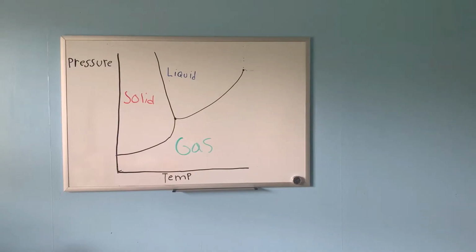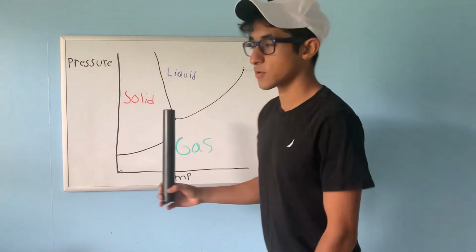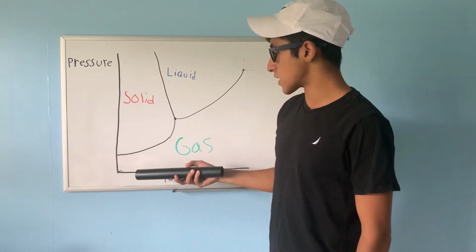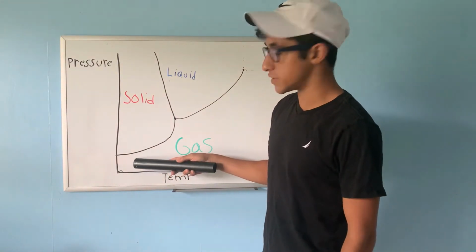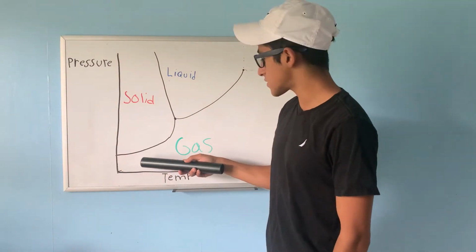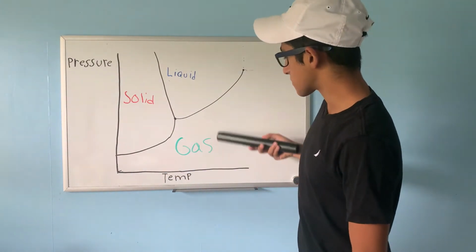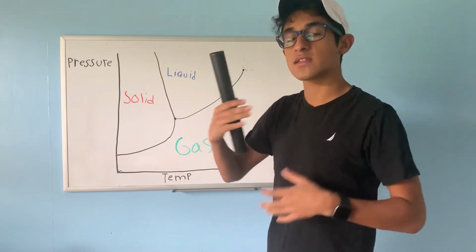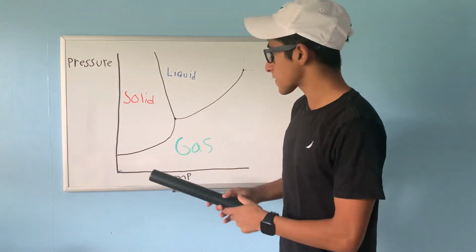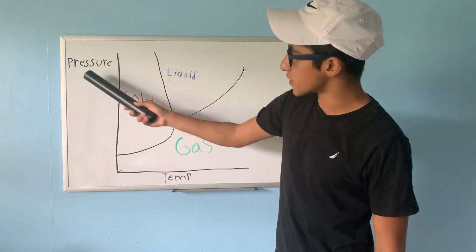We can also think about changes on phase diagrams by looking at the graph vertically. So let's say, for example, we have a substance, let's go with water. It's all the way down here, it has a very low pressure. At this very low pressure, this substance is a gas. This makes sense as there's less force pushing the particles together and they're more likely to move around freely. So let's move up and start increasing the pressure.